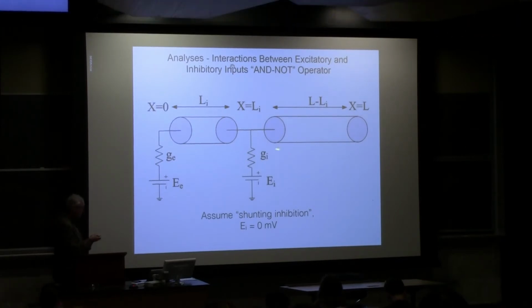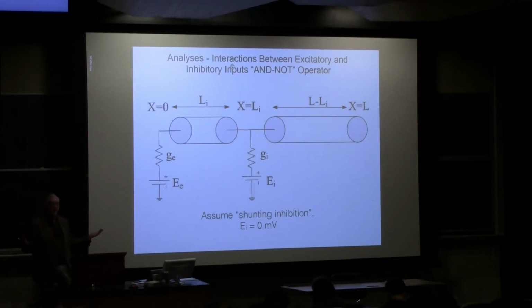And so the effect of opening this membrane conductance is to divert charge away from flowing into that cable towards the soma and shunt it out through the membrane. So whatever voltage would be produced by this alone, adding in this shunting inhibition diverts charge away from the soma and reduces the effect that this input has on the soma.